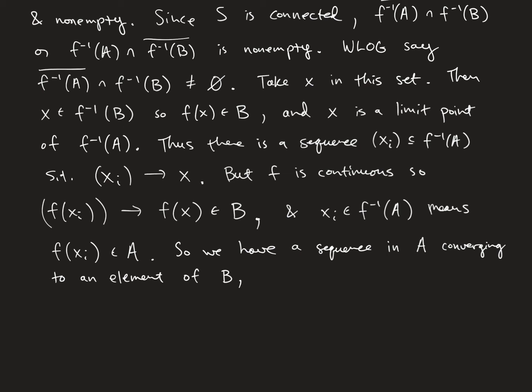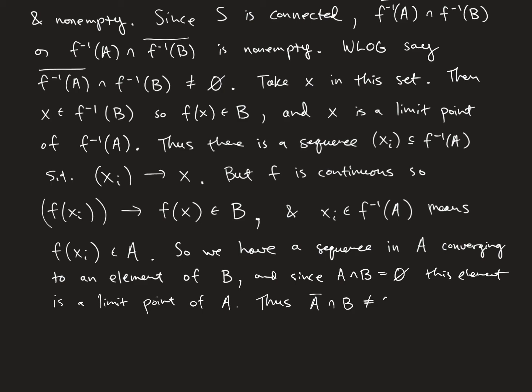Okay, so we have a sequence in A converging to an element of B, and since A intersect B is empty, this element is a limit point of A. Thus, the closure of A intersect B is not the empty set.